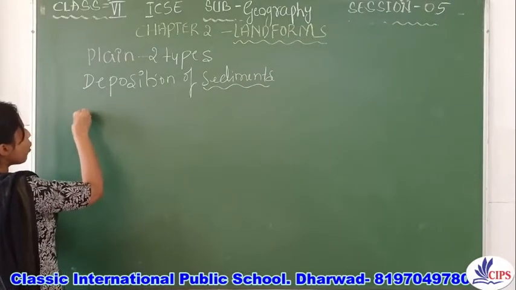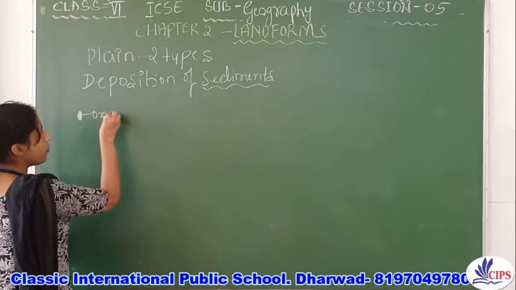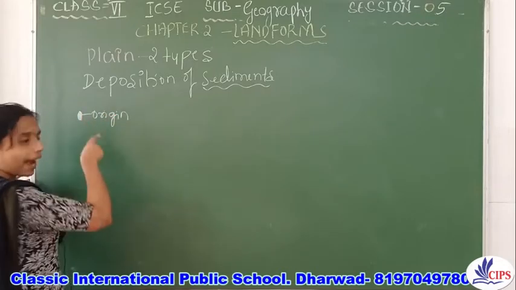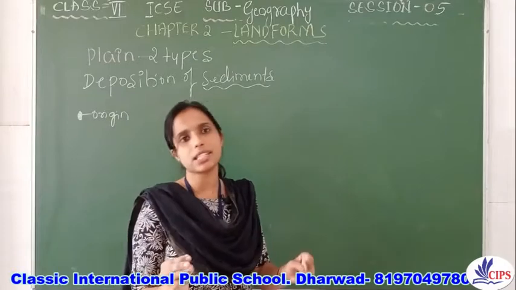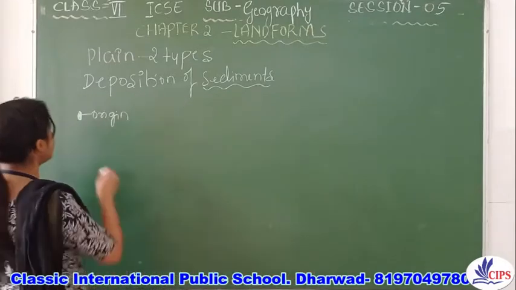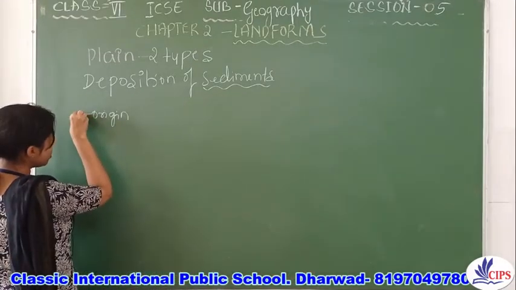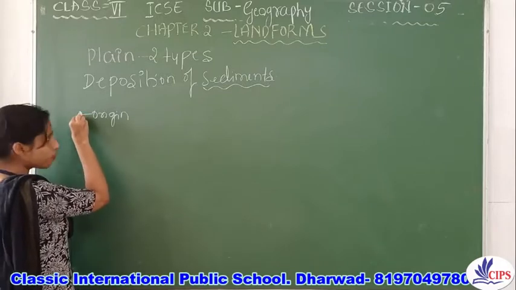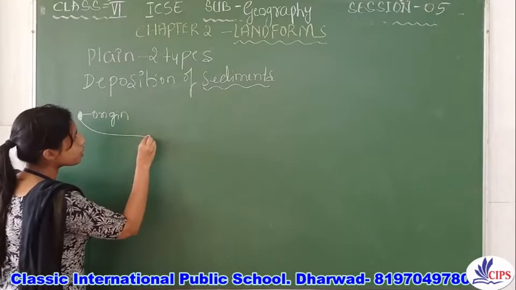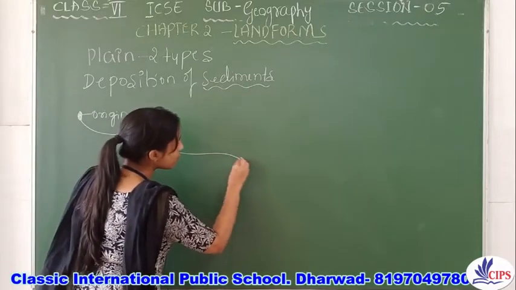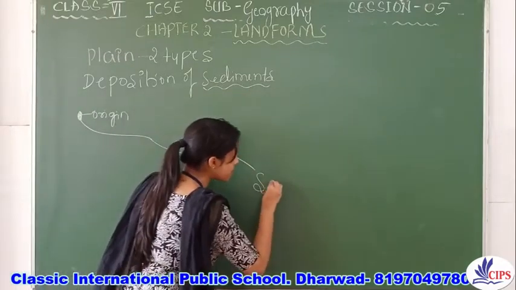Let's take this as the origin point of a river. Usually the origin point of the river is always a mountainous area. From there, the river starts her journey, and the river has to join a sea.